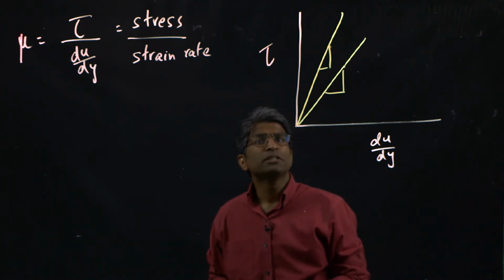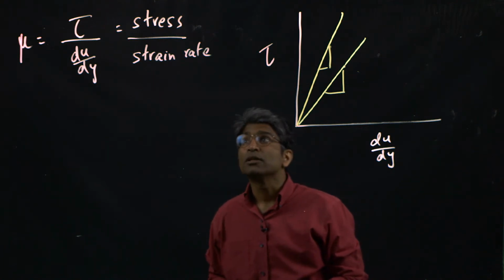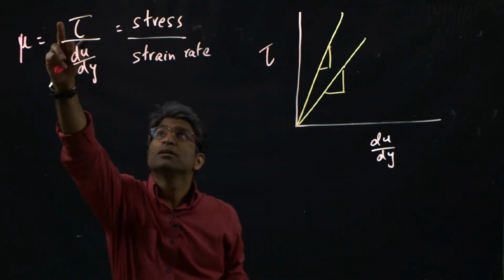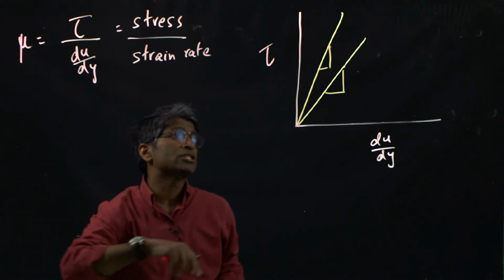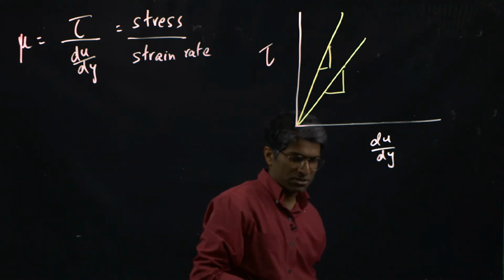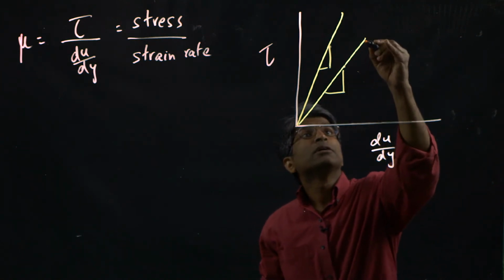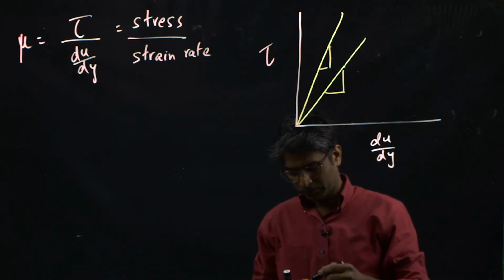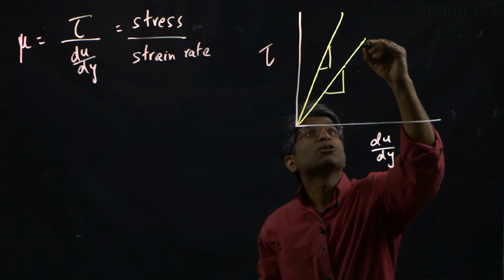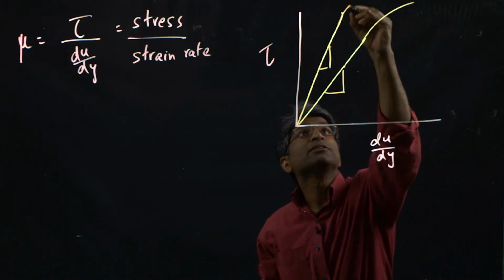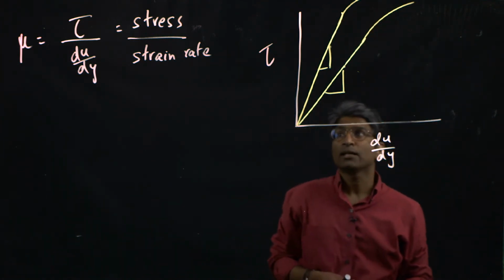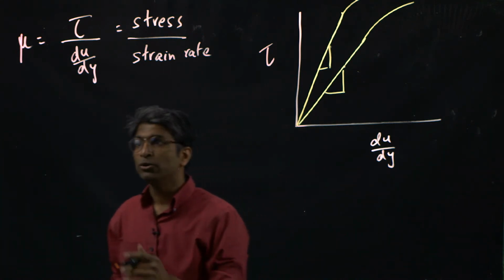Now, there are also fluids where the relationship between the stress and the strain is not linear. So, it's sort of like plastic deformation in solids, where the curve sort of becomes non-linear in some fashion. That is what is called non-Newtonian behavior.